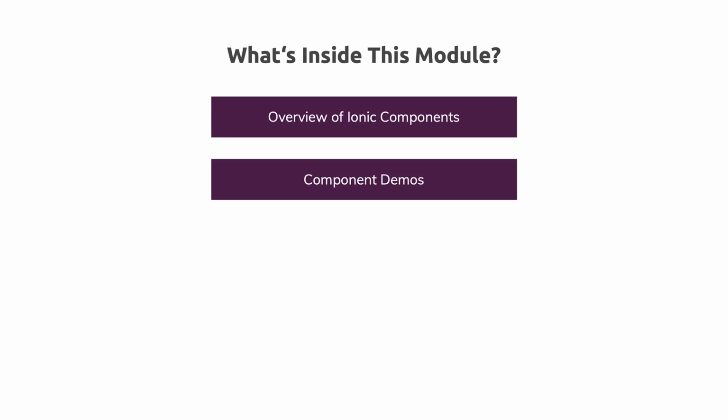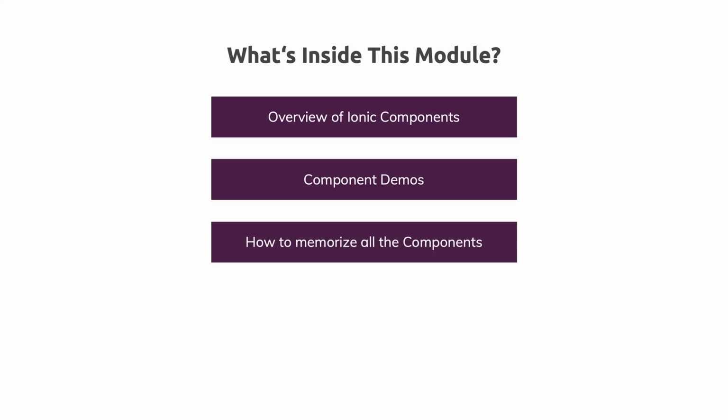Not a mobile app yet, we'll do this later, but a dummy web application where we use a couple of Ionic components. And since we have so many Ionic components, I want to help you memorize them, or maybe I can even show you a better way of learning about them and understanding when to use which component. By the end of this module, this will be much clearer.